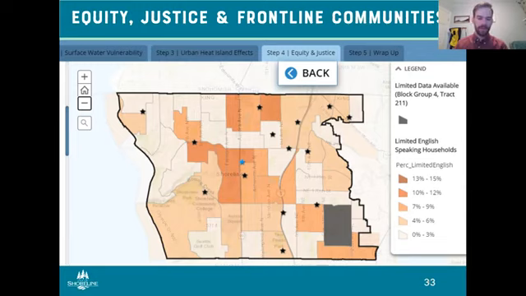And these people or communities are often referred to as frontline communities. So those that are disproportionately impacted by climate change due to existing and historic racial, social, environmental, and economic inequalities or inequities, and who may have limited resources or capacity to adapt.